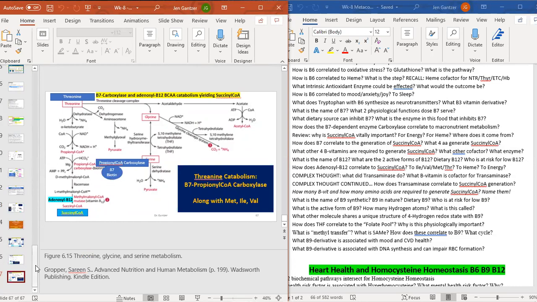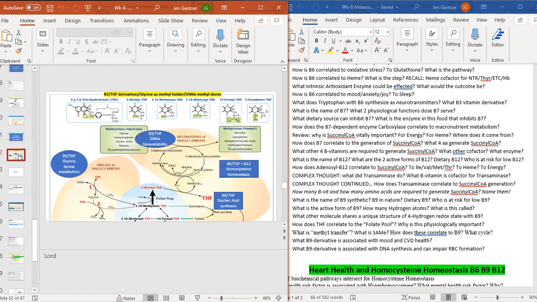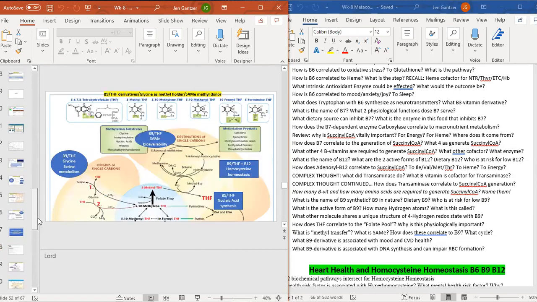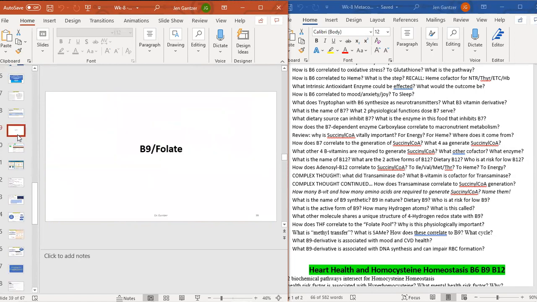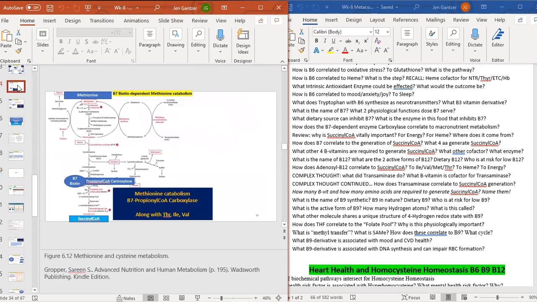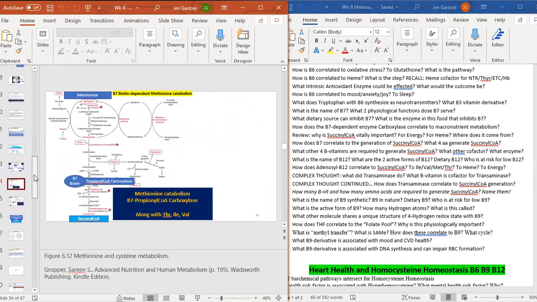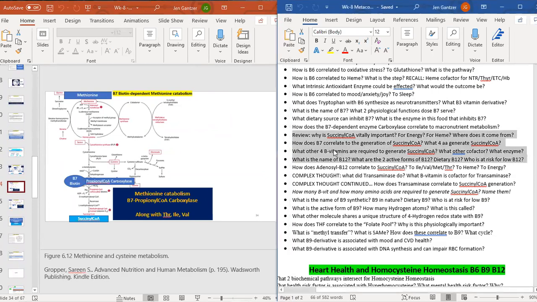So when we are looking at the generation of the succinyl-CoA from isoleucine, valine, methionine, threonine, we have to recall that we need biotin carboxylase to generate the succinyl-CoA.